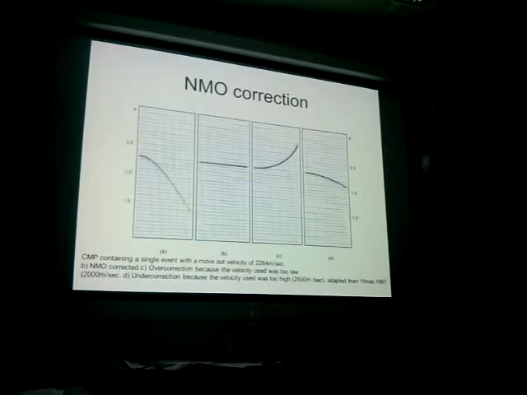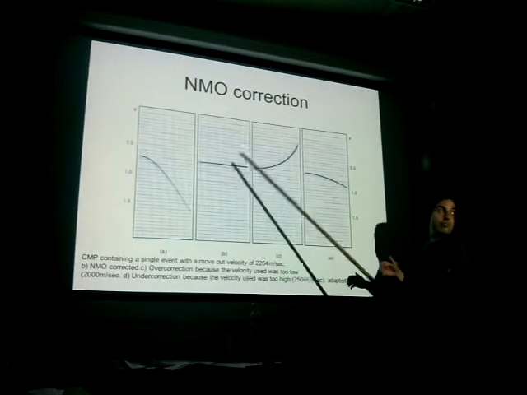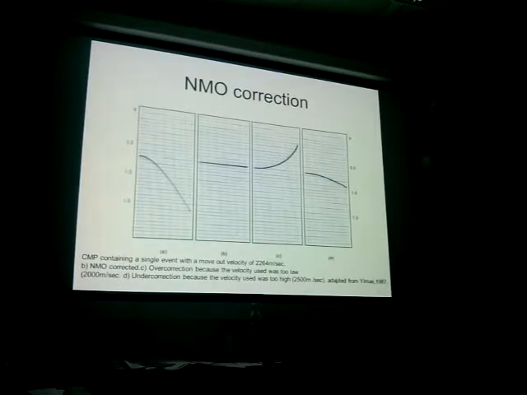Something is telling you that every time you apply a velocity bigger than water, you are undercorrecting your hyperbola. So that reflection has to be a multiple of the water, which has a velocity much lower than any rock's velocity. So you have to assign a velocity lower than that to get something like that. Okay?